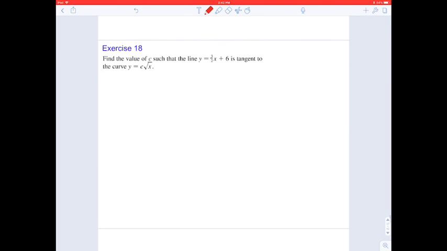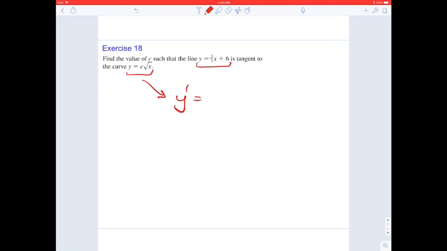Exercise 18. Find the value of c such that the line y equals 3/2 x plus 6 is tangent to the curve y equals c root x. Okay, similar situation. The slope of the tangent is just the derivative.